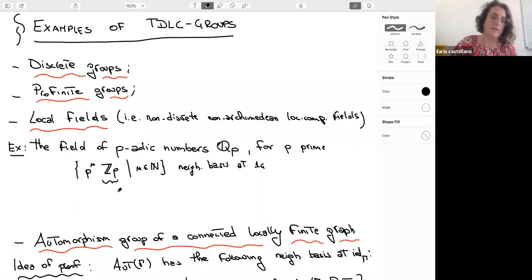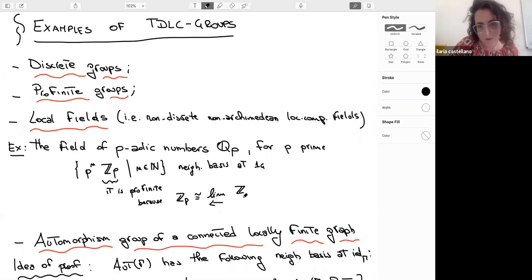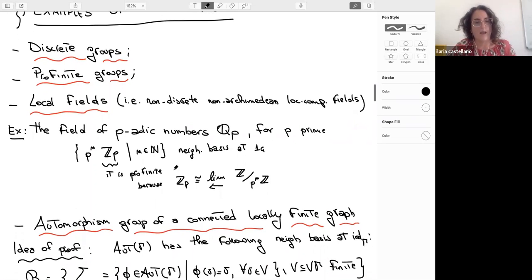And then we just remember that Z_p is profinite because Z_p can be viewed as an inverse limit of all p-quotients of Z. And the same is true for p^n times Z_p. So these are all compact open subgroups in Q_p. And so Q_p by Van Dantzig's theorem is totally disconnected and locally compact. But okay, this is roughly speaking because we have to prove that things work fine. But I just want to remark on the basis now.